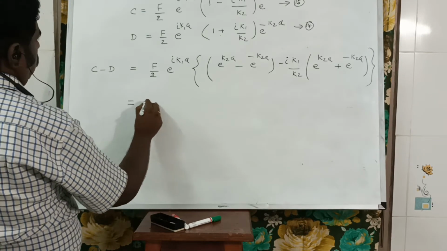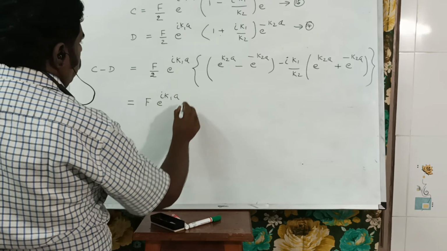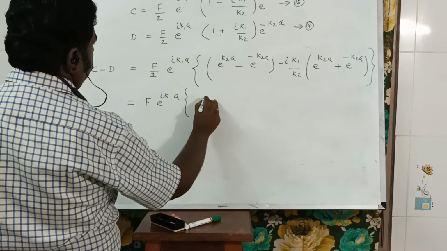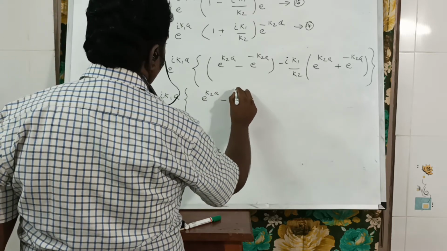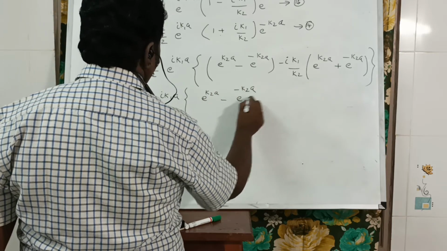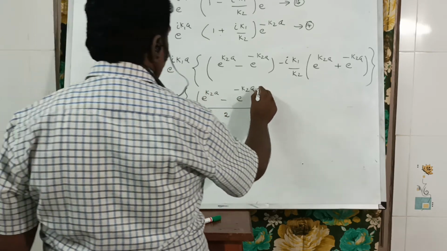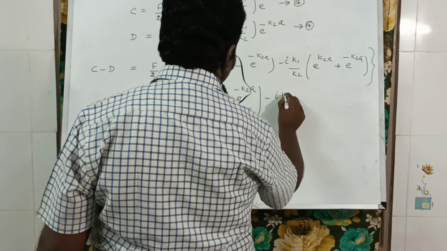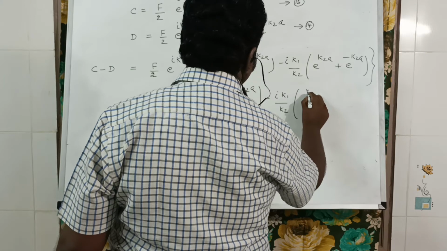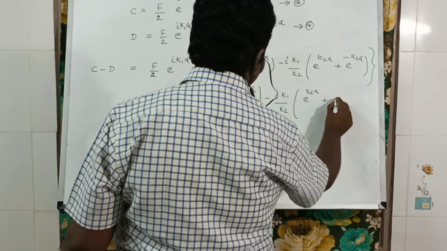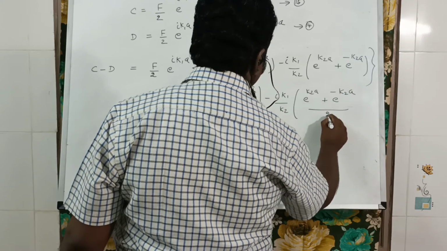This is F into e power i k1a times e power k2a minus e power minus k2a by 2, minus i k1 by k2 into e power k2a plus e power minus k2a by 2.